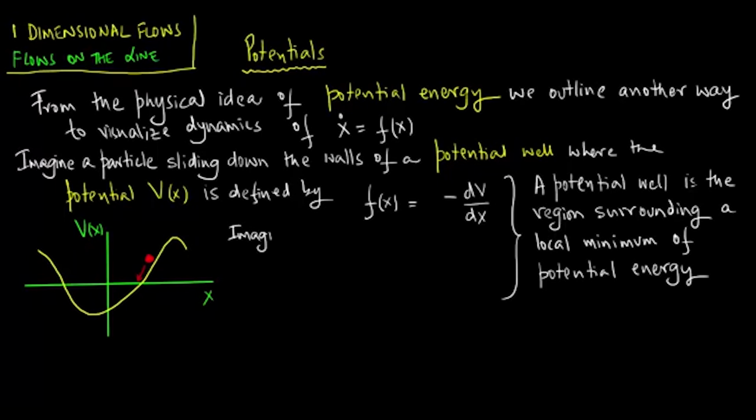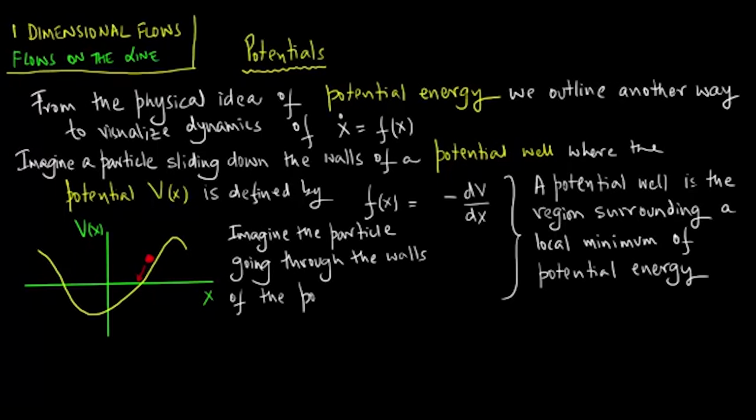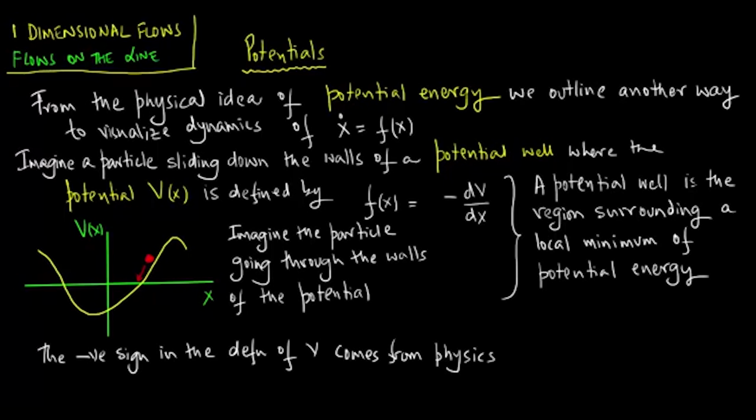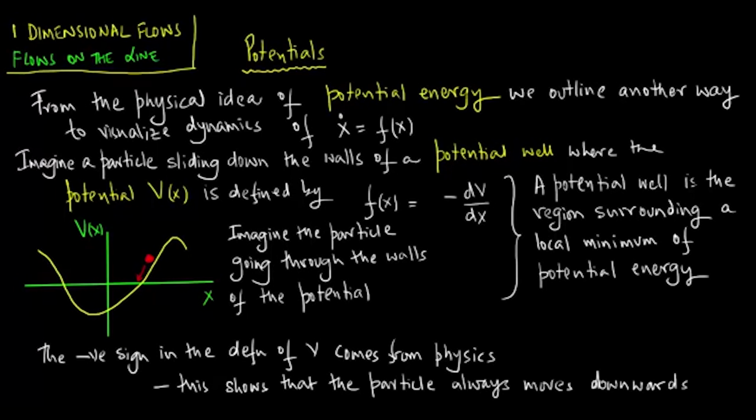So you imagine the particle actually moving through the walls of the potential. The negative sign in the definition of V actually comes from physics. Essentially what this shows is that the particle always moves downwards.